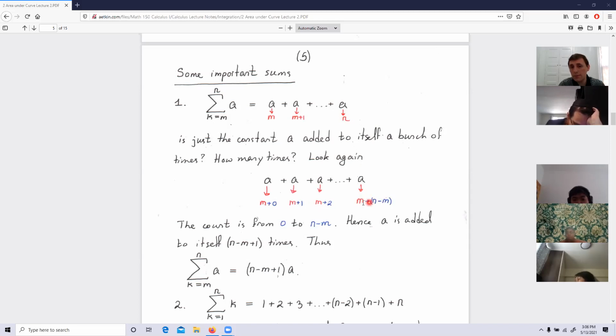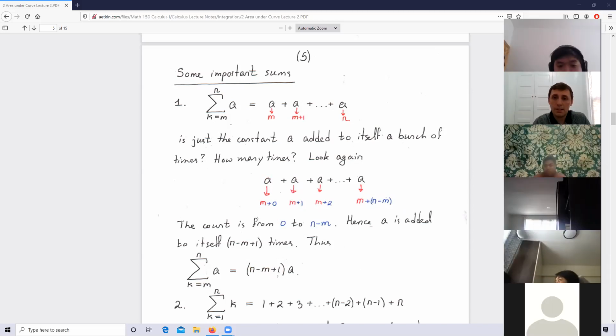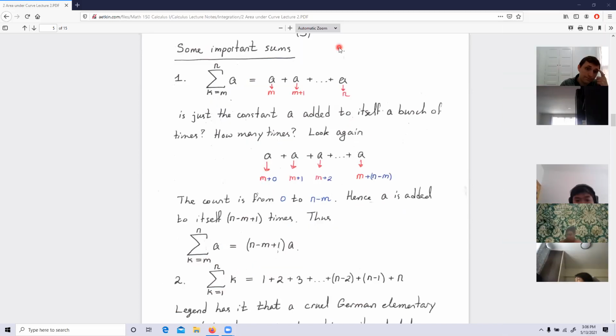Do you see that? n minus m is what I need to add. So then I can just count. From 1 to n minus m, I have added a n minus m times. And there is an extra where you see the 0, there is one extra time I added the a. So altogether, n minus m plus 1 times a was added to itself. Yes? So I have a very easy formula when it's a constant.